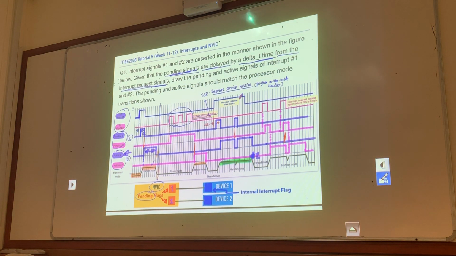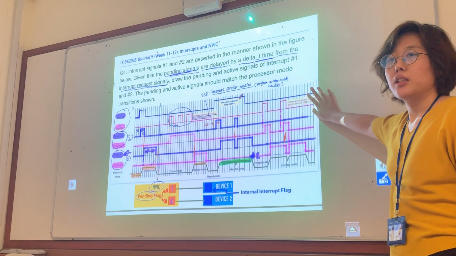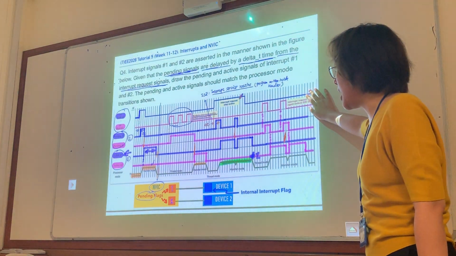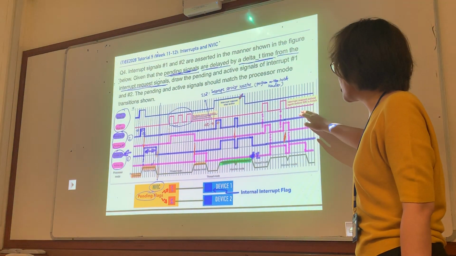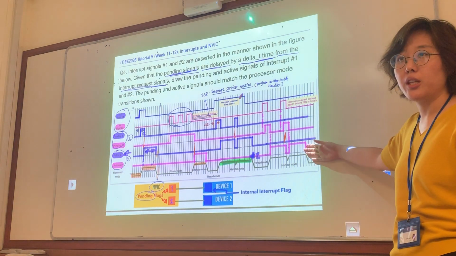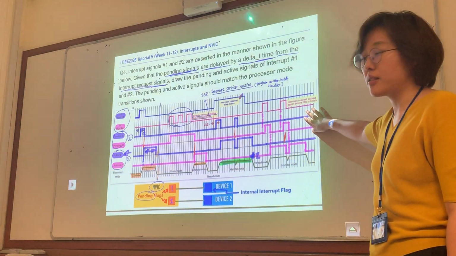Okay, so if you know the very first step and if you know the very last step, you can draw the two steps in the middle. The two steps in the middle are pending signal.